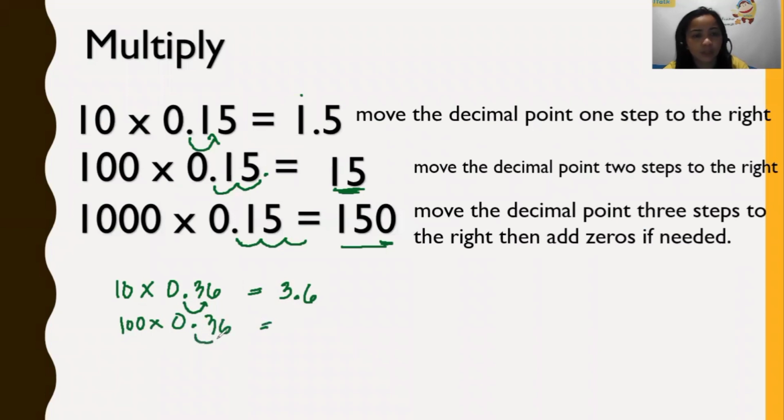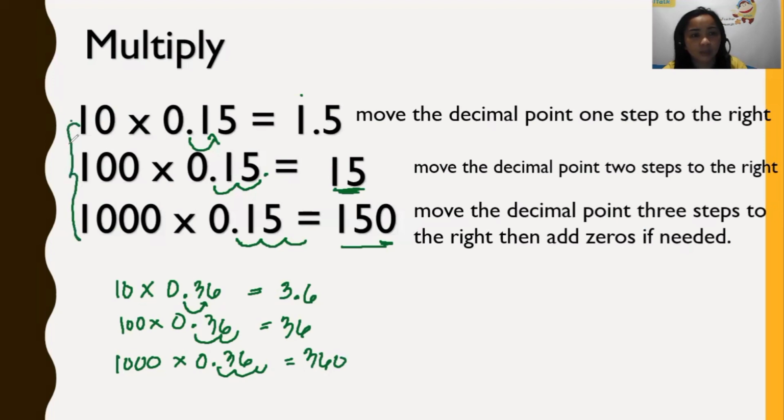Move 2 places, 1, 2. The answer is 36. 1000 times 36 hundredths. Move 3 places, 1, 2, 3. We have 360.